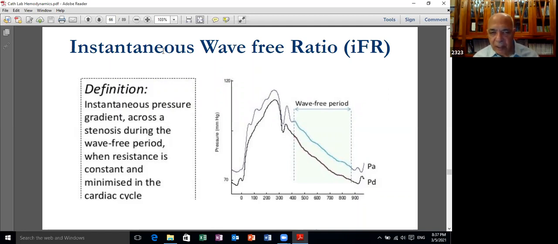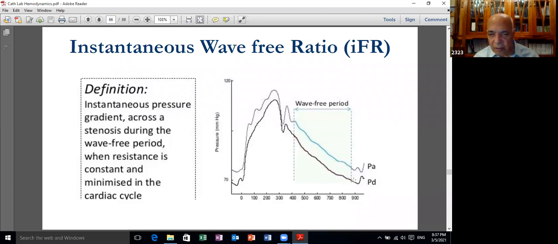This waveform is representative of what happens in the coronary circulation in diastole. In a part of diastole here, you will find that the pressure proximal and distal to the stenosis is constant, is stable, and is approaching almost zero pressure.